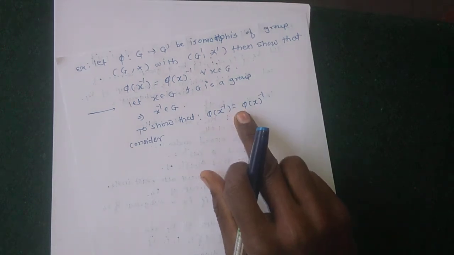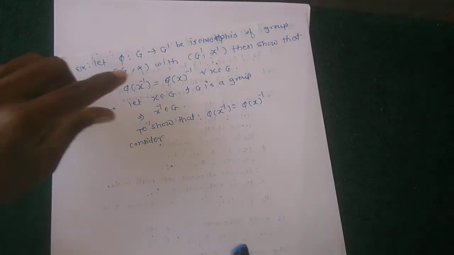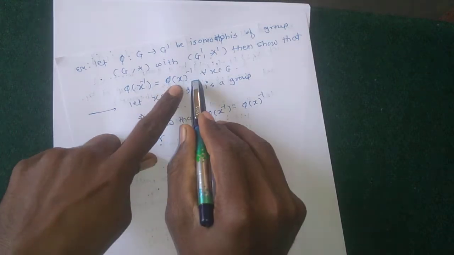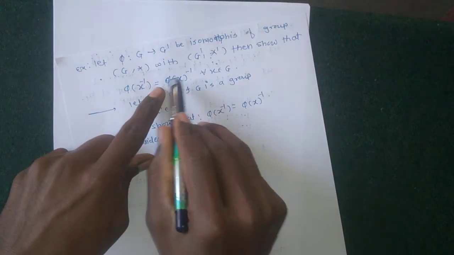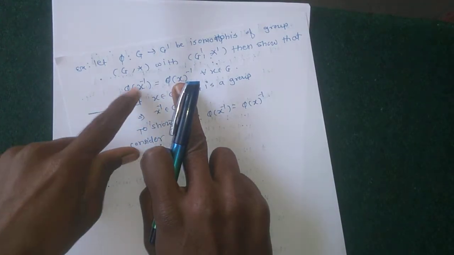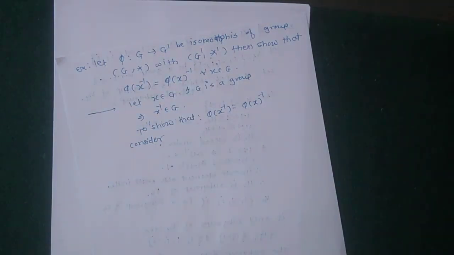Phi of x inverse is the inverse of phi of x. The inverse of phi of x is phi of x inverse. Here, how to prove this?